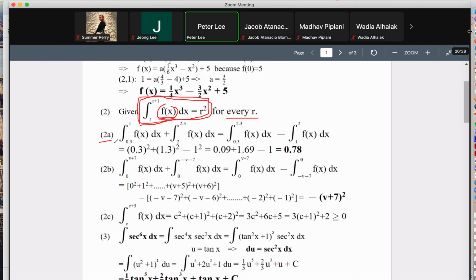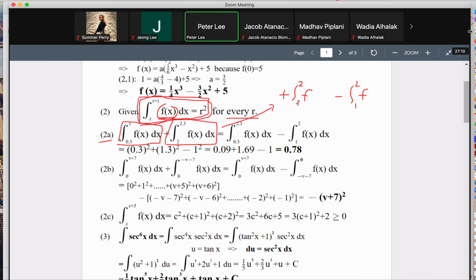So if you look at part A, it is this right here, and then plus this right here. Note that there's a gap between 1 and 2. So what we do is, we add the integral from 1 to 2, and then we subtract the integral from 1 to 2.